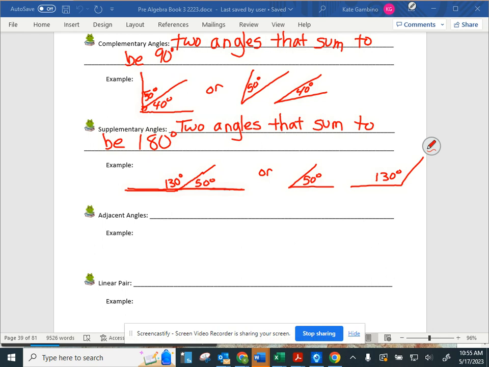Then we have adjacent angles. I did talk about that when I talked about our complementary and supplementary. If they share that side, they are adjacent. So angles that have a common side.